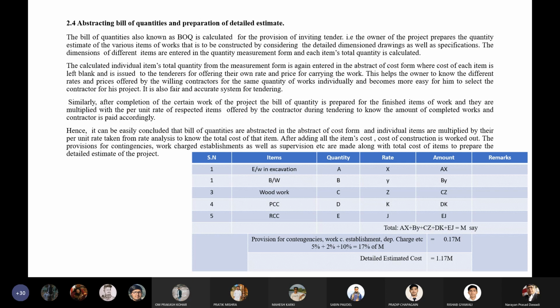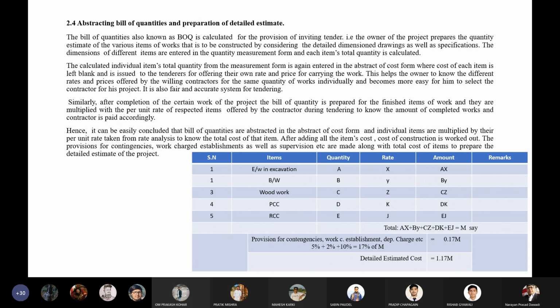If you add all these things and get the value M as the total amount, then provision for contingency, charge establishment, departmental charge, etc. can be provided on M. If you provide contingencies of 5%, charge establishment of 2% and department charge of 10%, then the total percentage will be 17%, and 17% of M is considered as the indirect overhead cost.